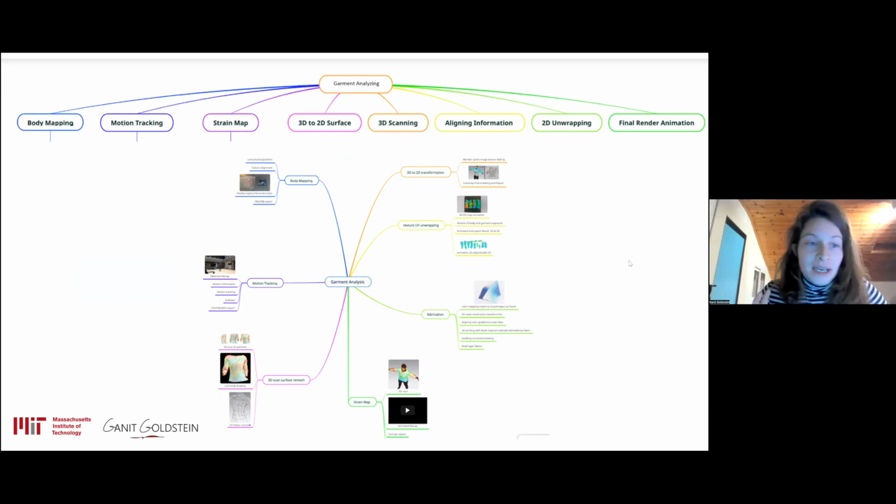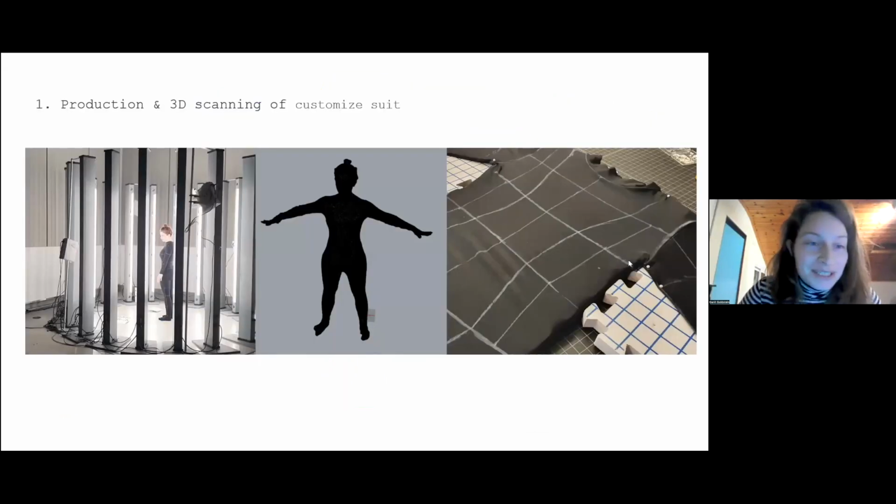So there is motion tracking, there is a strain map, there is 3D scanning, there is 2D and 3D translation of surfaces, and there is the idea of body mapping and what are we mapping? So we were starting with production of a customized suit, and we 3D scanned this suit to be able to correlate the physical body form into the digital space.